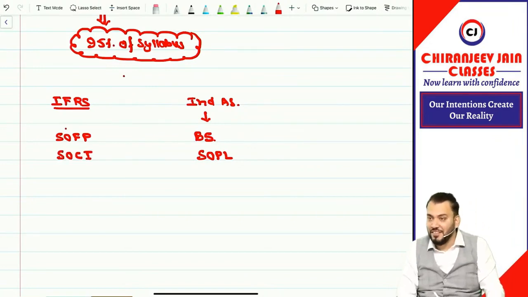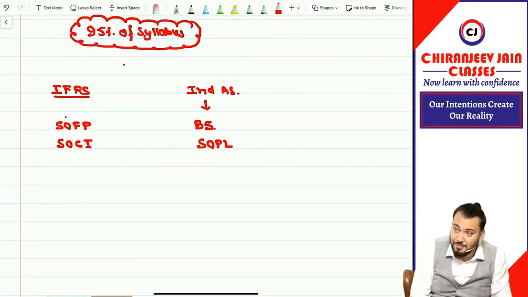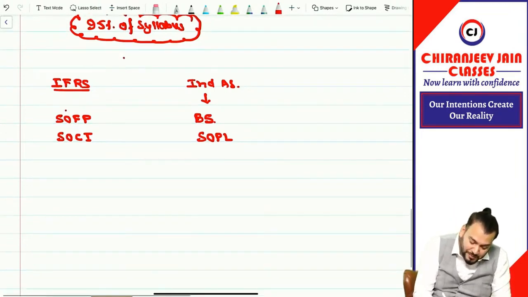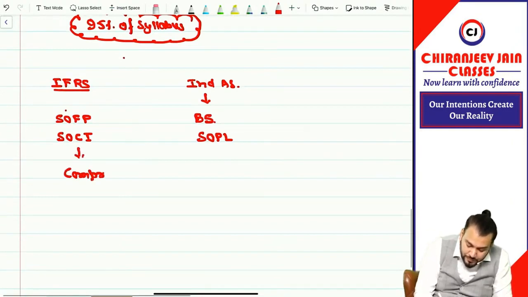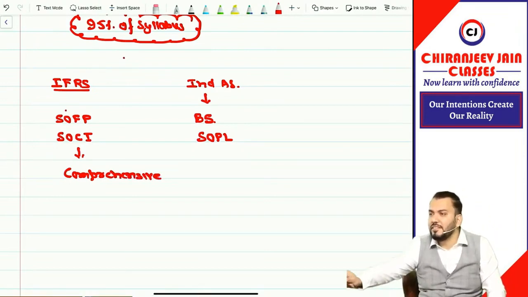CI means what? Comprehensive income. If you want to write down the full form: statement of financial position, statement of comprehensive income. Spelling is what? Comprehensive income.